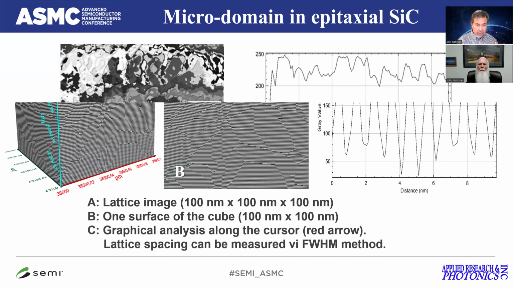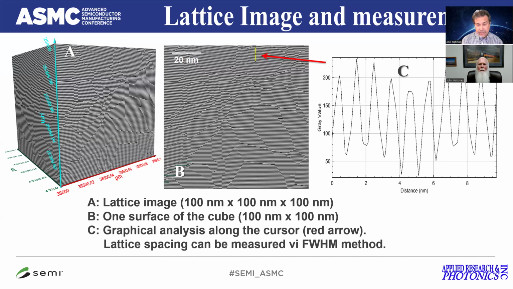Moving forward, you mentioned the polytyping. So this is a silicon carbide high resolution image. On the left, you see a lattice image of 100 nanometer by 100 nanometer by 100 nanometer. So it's a very high resolution image, and that lets us examine and quantify the lattice parameters. If I take only one surface from the cube, image B is the only one surface of the cube, which is 100 nanometer by 100 nanometer.